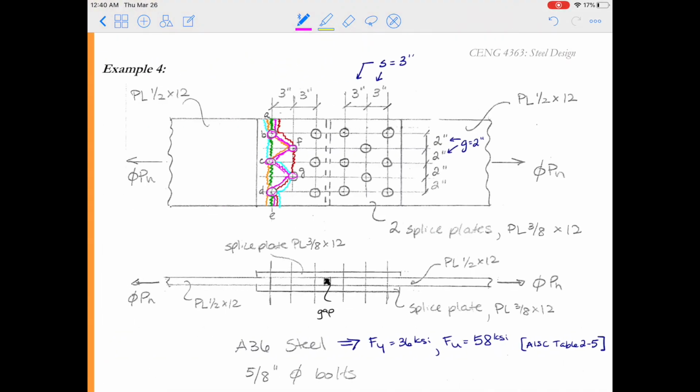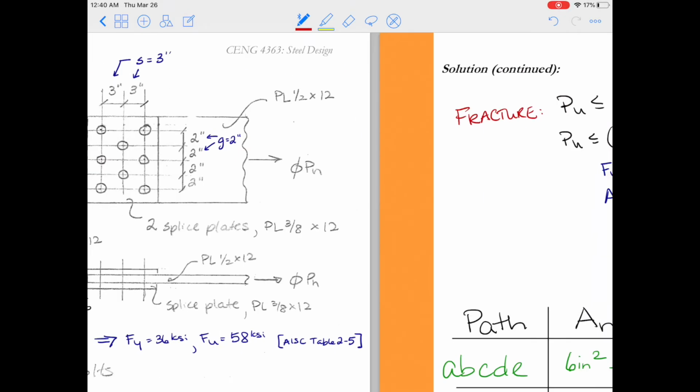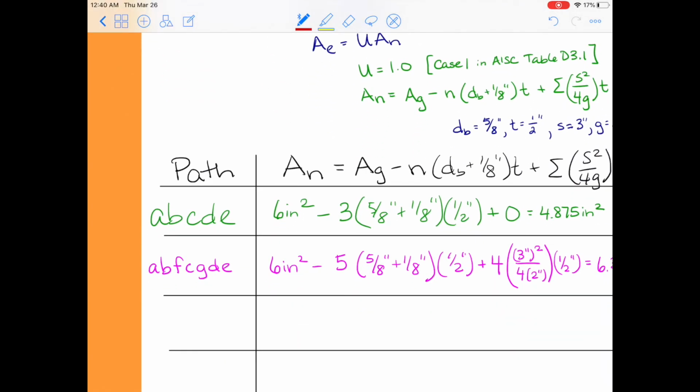Alright, next path that we considered was the red path, so that is ABFGDE. ABFGDE cuts through 4 bolts in the transverse direction and has 2 diagonal sloping paths.